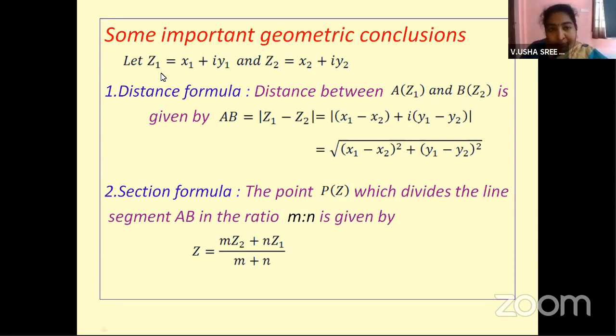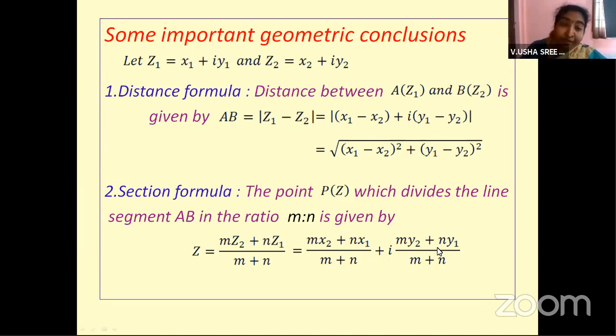You are already given what are Z1 and Z2, children. On substitution in the place of Z1 and Z2 and separating the real part and imaginary part, we will be getting (mx2 plus nx1) by (m plus n) plus i into (my2 plus ny1) by (m plus n). This formula is very much similar to what you have seen in your class 10, but the extra part is the imaginary part.